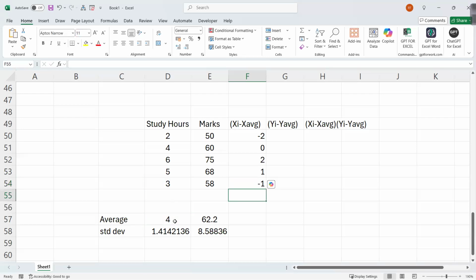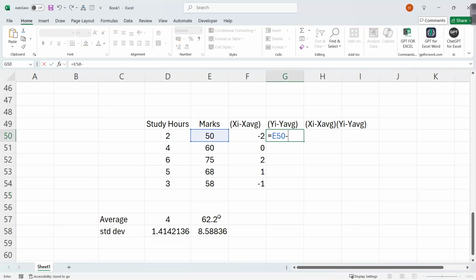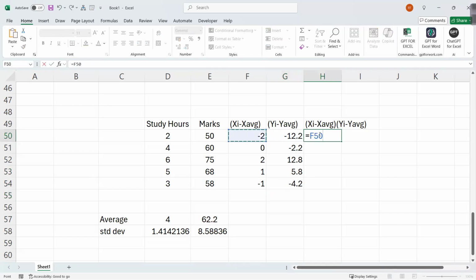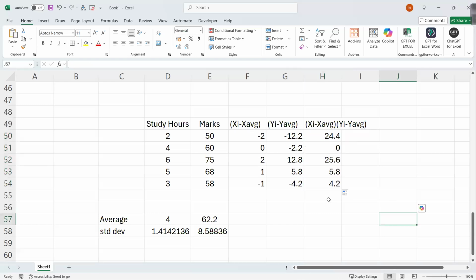Now the same way here also: this minus this, five times. Now I'll do the multiplication, this multiplied by this all over, and then I'll sum it up.